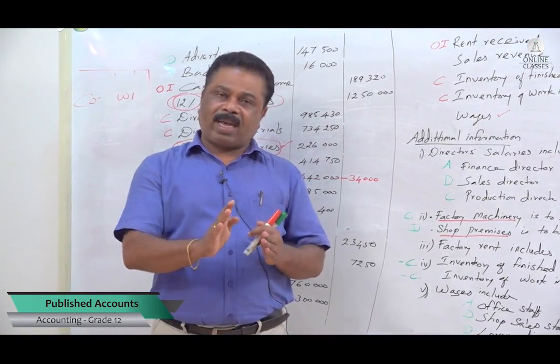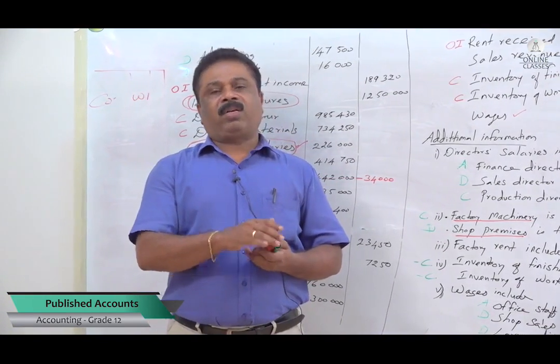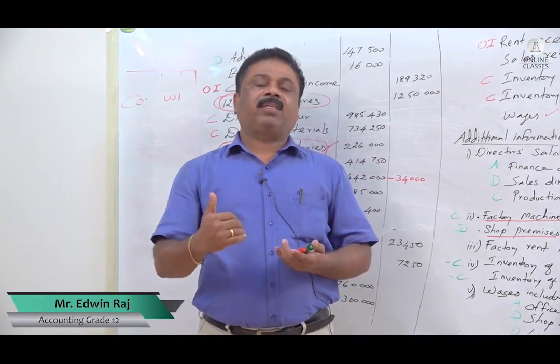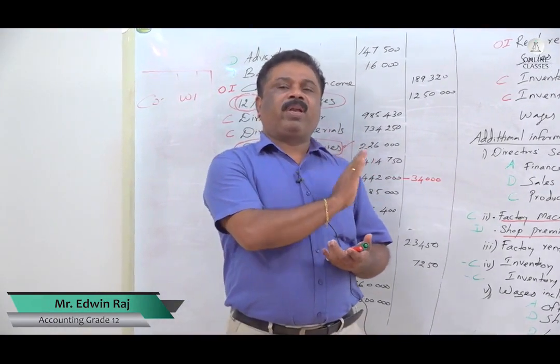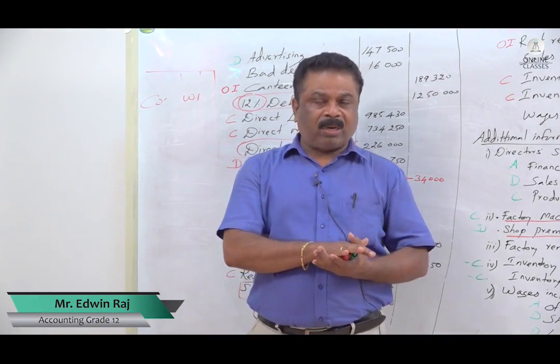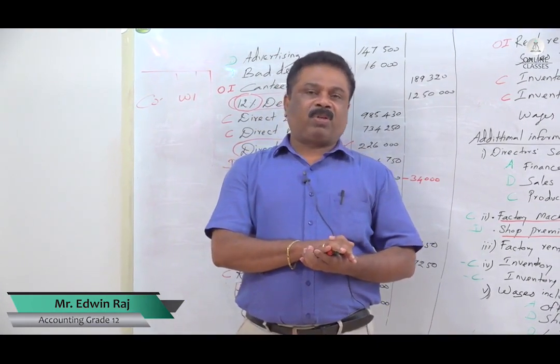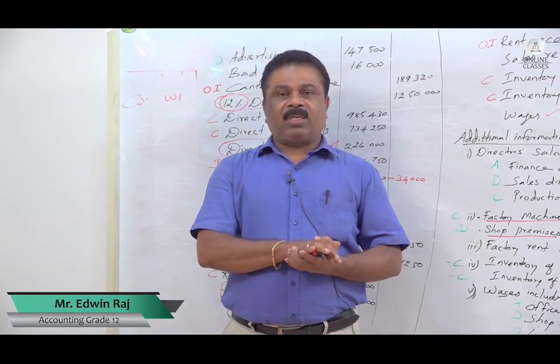Your doubts will be clarified. I am sure that by the end of the coming week, coming Thursday, we will be very good at doing the statement of comprehensive income. Then we will proceed with the next topic called statement of financial position.